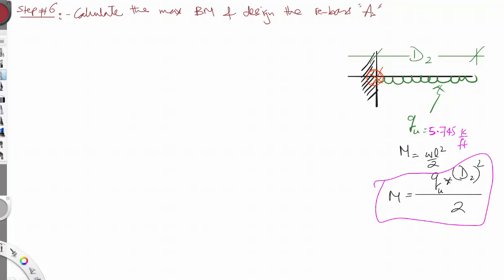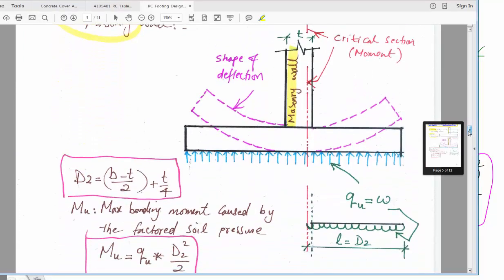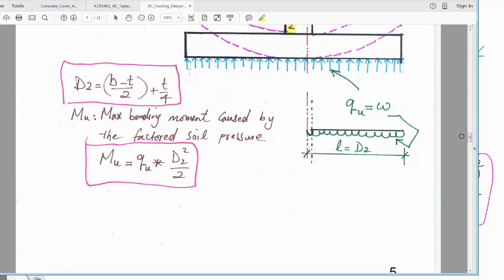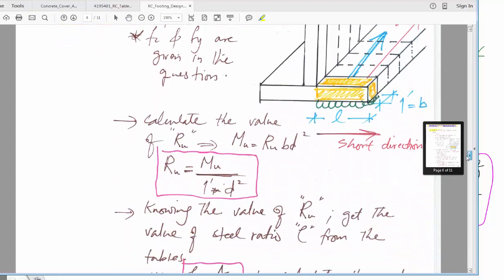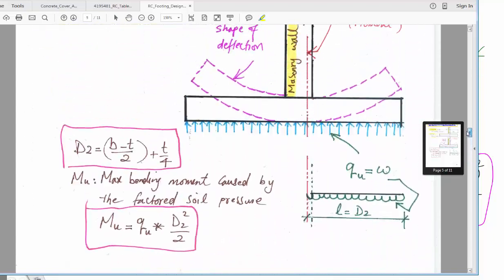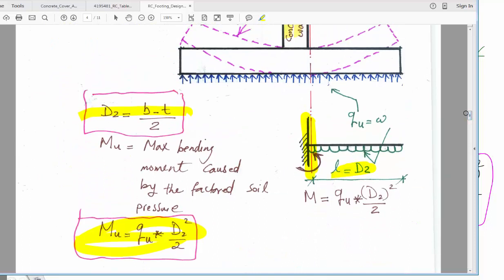So first of all, I need to know what is D2, and the equation for D2, again, if you go to the rules here, the equation for D2 is here, B minus T divided by 2.